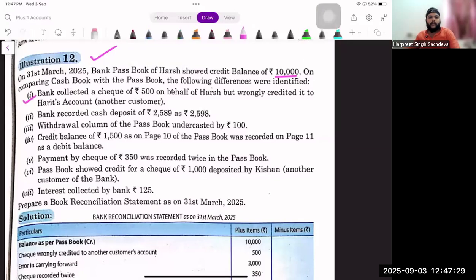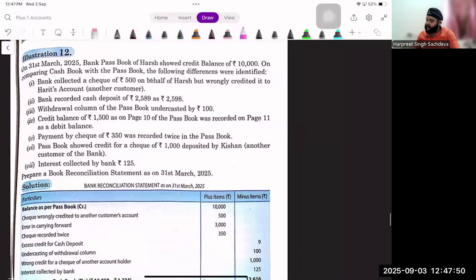First point is, the bank collected a check of 500 on behalf of Harsh but wrongly credited it to Harit's account. Think of one thing. We are having a starting balance of passbook credit balance. Tell me, is the credit balance of passbook a positive balance or negative?